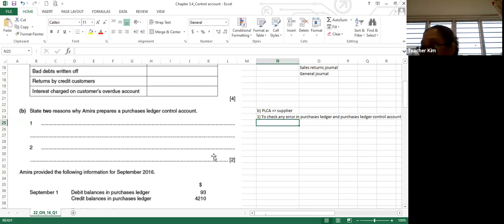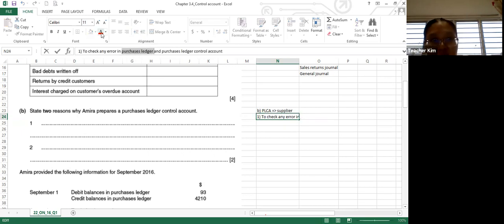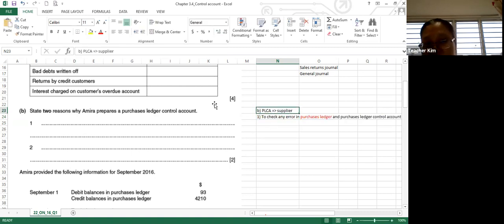So this is to check the error. That is one of the purposes, but here I'm using purchases ledger because they are asking about the purchases ledger control account. Other than that, it is easier to prepare the financial statement. If the total is correct, then we can straight away take it.